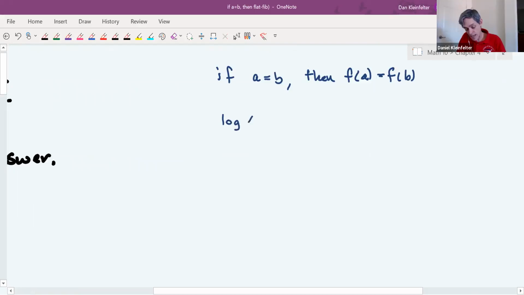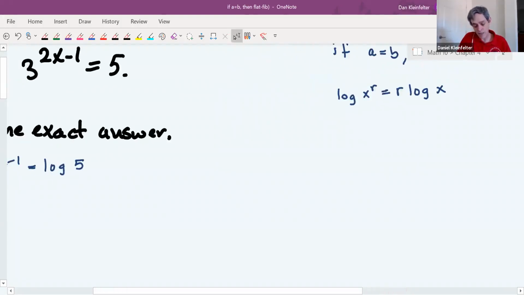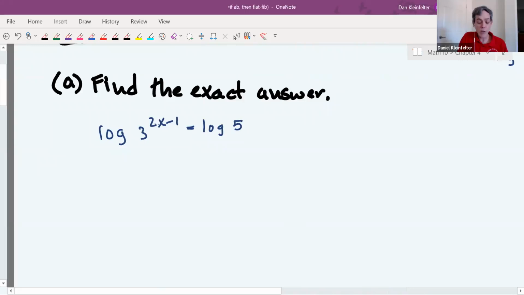If you're taking the logarithm of an exponential expression, that exponent can come around front as a multiplier. So log x to the r power is the same as r log x. That's really why we're taking the logarithm of both sides, so that we can get access to this 2x minus 1. We'll bring that around front. We'll have 2x minus 1 times log 3, and that will equal log 5.